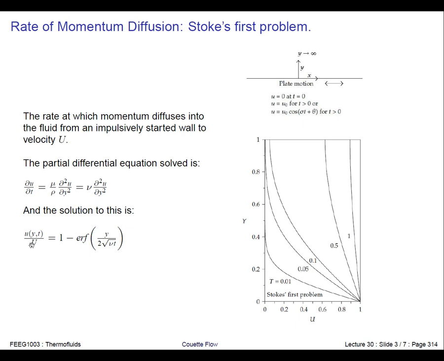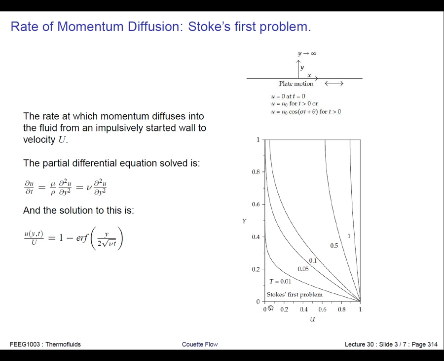So this small u is the velocity in the fluid at some point y, the distance above the plate, and at some point in time later, t. Big U is the velocity of the wall, and the solution comes out to be this. We don't need to know how to derive this. This erf is called the error function, and it's a lookup table a bit like a log is. And the interesting thing is the rate at which this happens depends on the viscosity and the time.